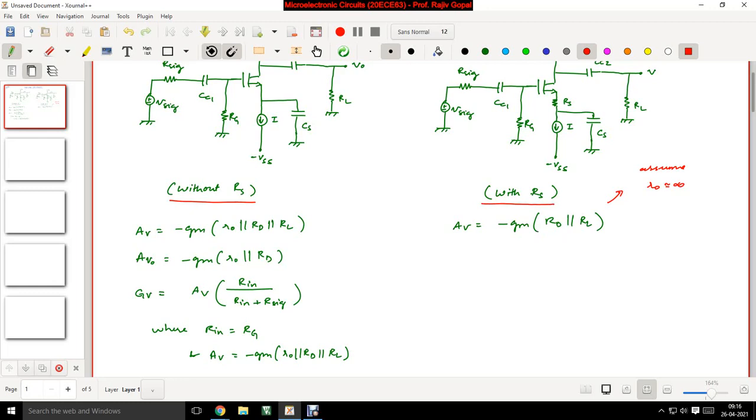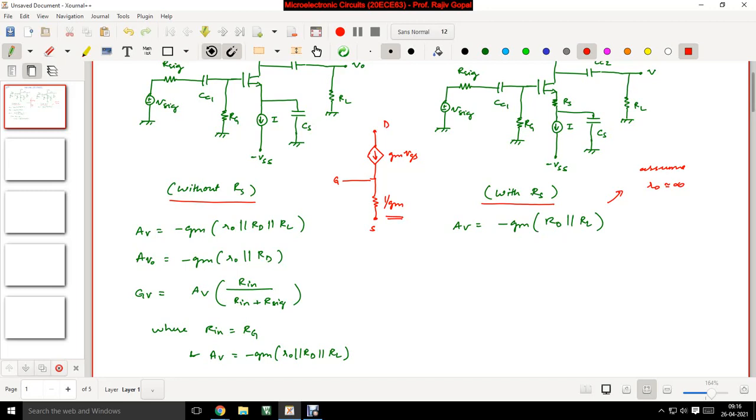Why? Because in the T model, this is the gate, this is the dependent source GM into VGS, and between gate and source I have this resistance 1 by GM. This is source and this is drain. This 1 by GM will act nicely in series with this Rs.